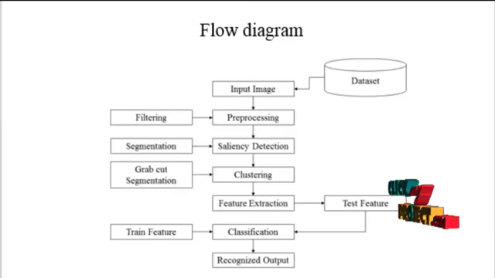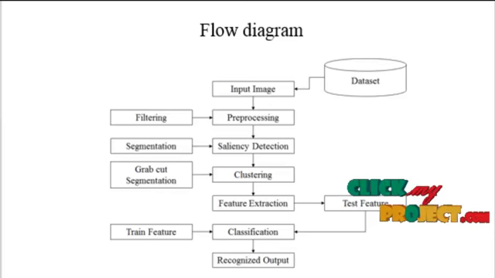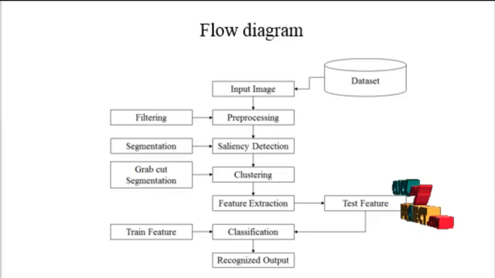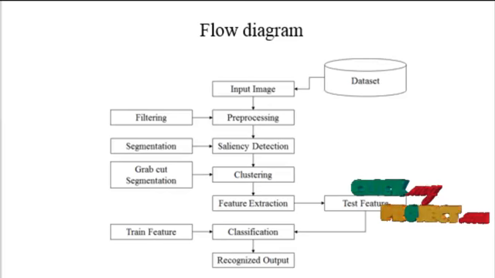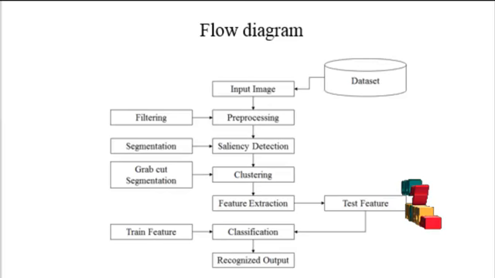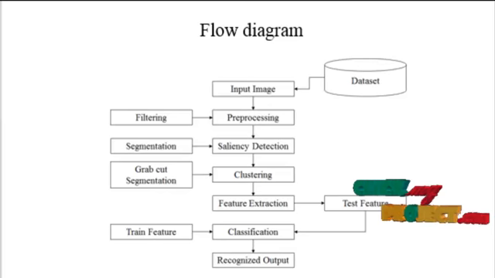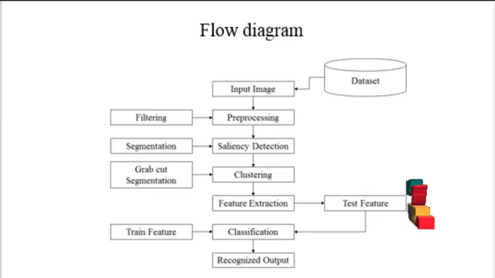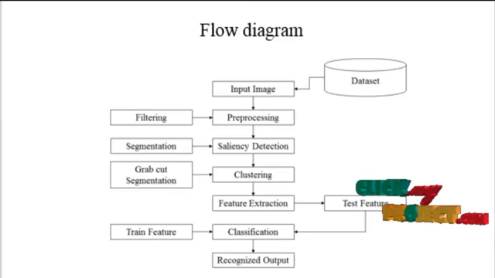Filtering, here we use filtering as a pre-process. A Gaussian blur, also known as Gaussian smoothing, is the result of blurring an image by a Gaussian function. It is widely used in graphics software, typically to reduce image noise and reduce detail.